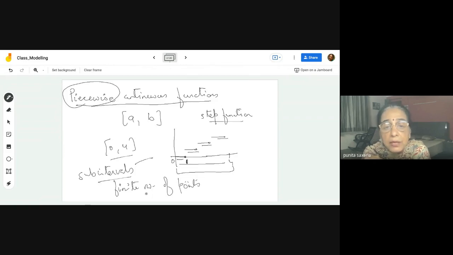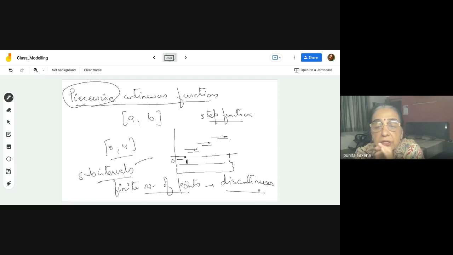I have only finite number of points at which my function is discontinuous. I cannot say that it is discontinuous at infinitely many points. No. I can pick up points 1, 2, 3, 4, I mean, 4 also inclusive. So there are only finite number of points at which my function happens to be discontinuous.